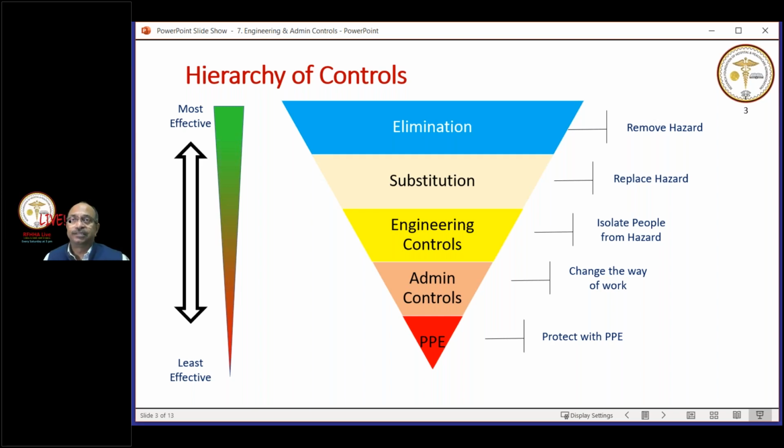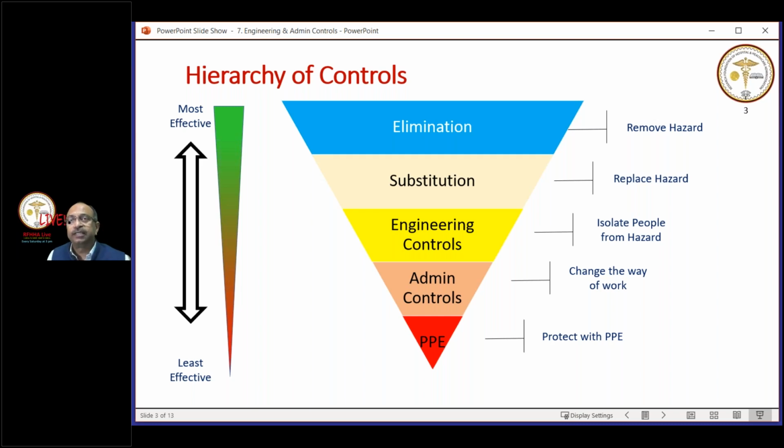You remember we had thermometers, BP instruments, and many other things which contained mercury, and then these were eliminated altogether, and we have an alternative technology available. So with elimination, the mercury has been removed from the setting altogether, and therefore it does not pose any hazard anymore. Whereas in all of the other methods, we are either reducing or replacing the hazard. So this is how it is to be understood.